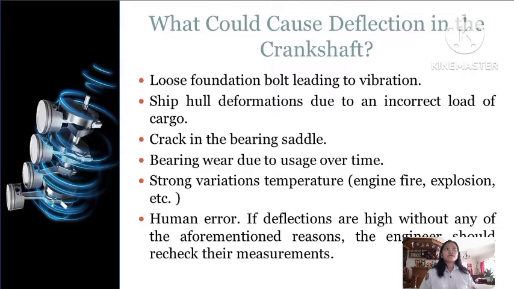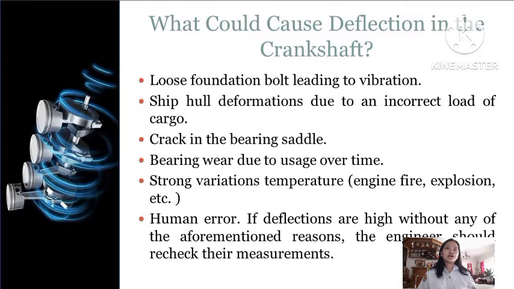A common problem in crankshafts is misalignment due to too much vibration while the engine is running. If there is vibration, there is a possibility that the bolts may tend to loosen from their grip. That's why it may cause the crankshaft to misalign.